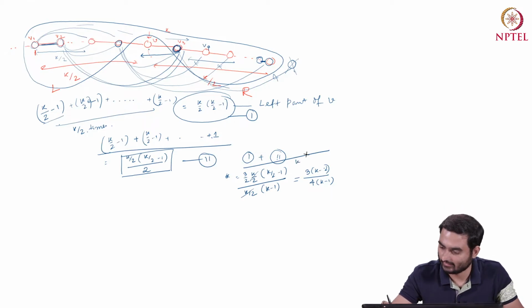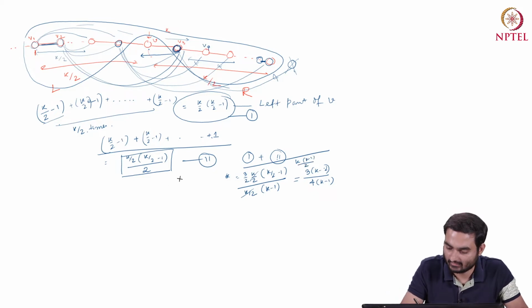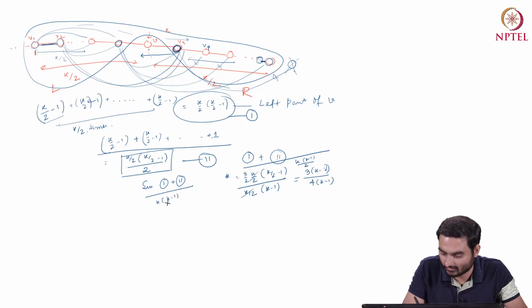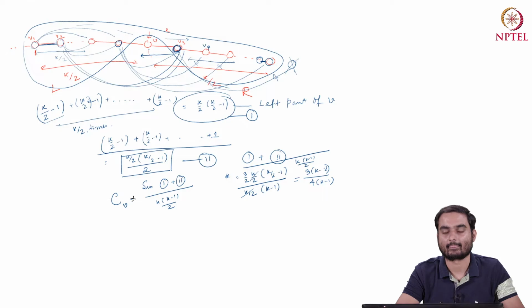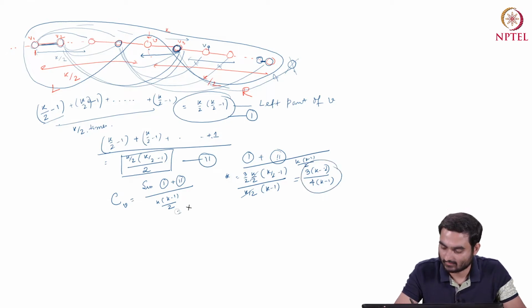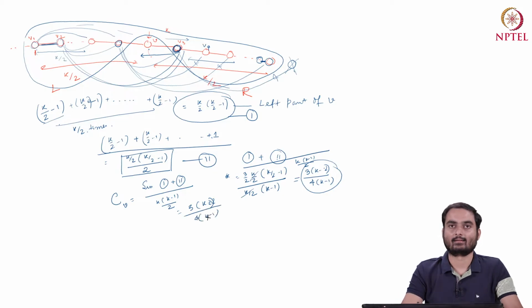That is k into k minus 1 by 2. So if we take the sum of 1 plus 2 and divide it by k into k minus 1 by 2, that's the clustering coefficient of V, right? And you will get this number, 3k minus 2 by 4 into k minus 1.